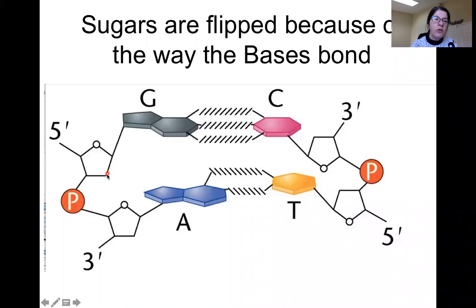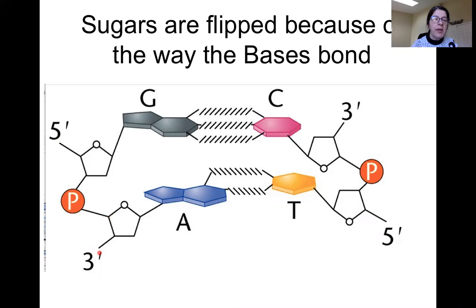This is 1, 2, 3, 4, the 5th carbon is sticking out, okay? And there will be a phosphate group here. This is the 3' hydroxyl group, which forms a bond with a phosphate that is attached to the 5th carbon of the next nucleotide. All right.